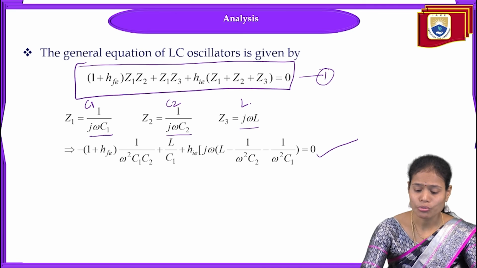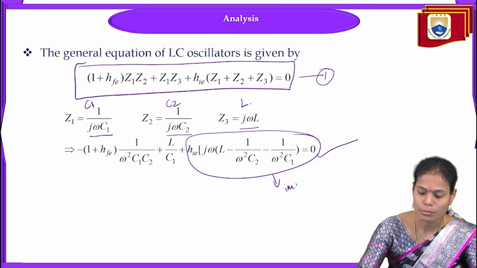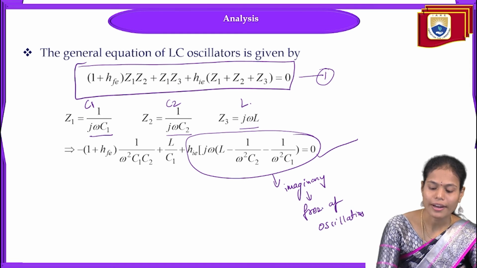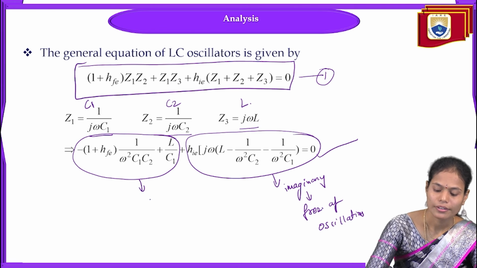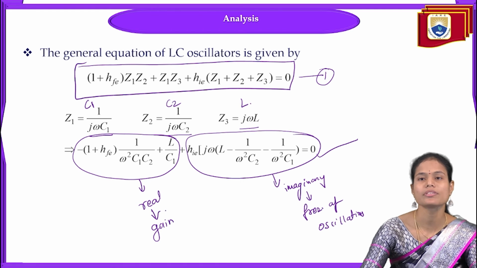Again, to find the frequency of oscillations, we have to take the imaginary part, and to find the gain of the amplifier, we have to take the real part of this equation.